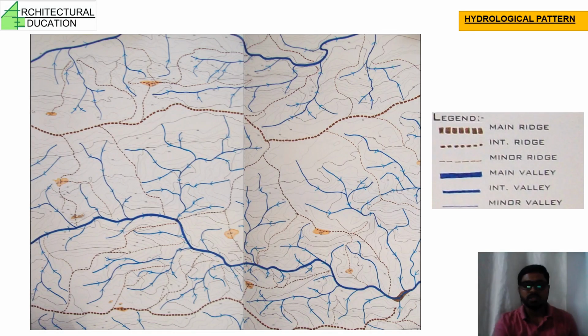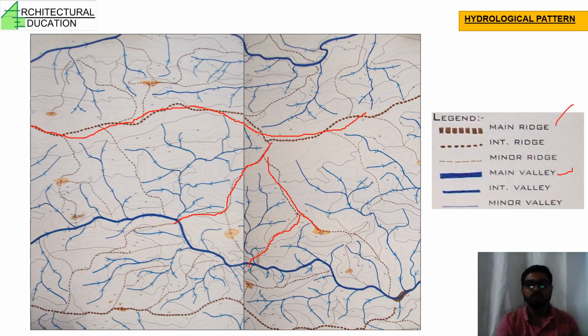So in this example, what I have done is I have identified the major ridge over here. Then I have identified another ridge which is intermediate. Then I have identified another ridge which is a minor ridge over here. In your case, you can only find the main ridge and main valley.